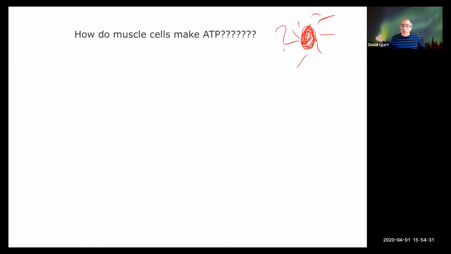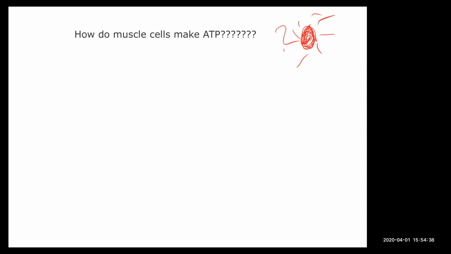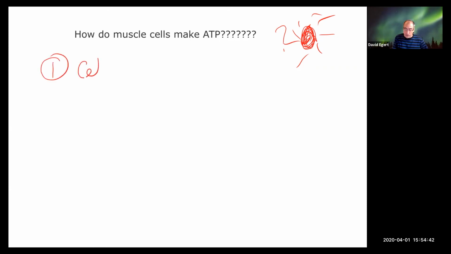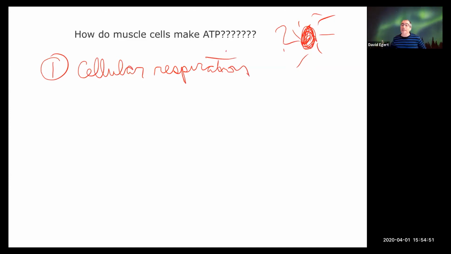And what's the classic way to make ATP? Cellular respiration. Yeah, totally. So one possibility is just to do cellular respiration. That's the classic. It's really super efficient in terms of getting a lot of ATP from every single glucose, but it's really convoluted and takes so many steps, right?